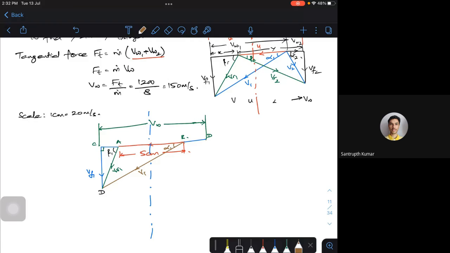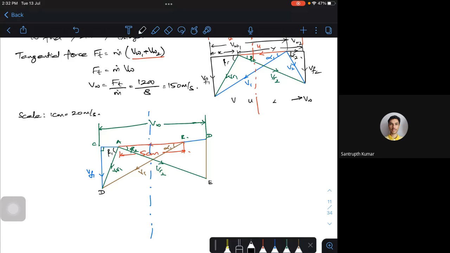Then with beta 2 equal to alpha 1, that is 20 degrees, I'll draw a line. Wherever it touches, this is my beta 2, this is my VR2, and the point I get will be my D.